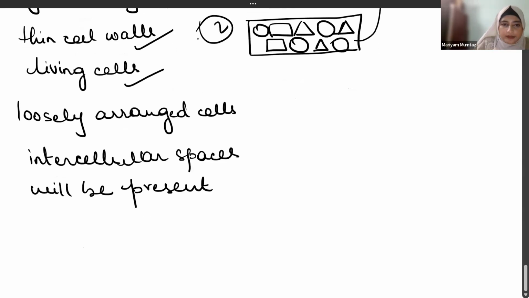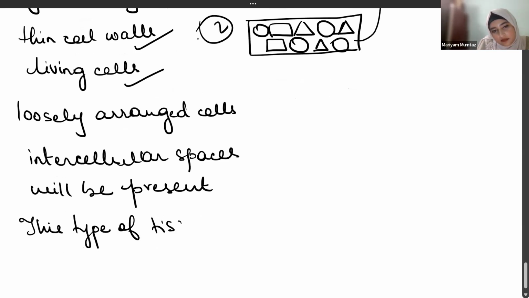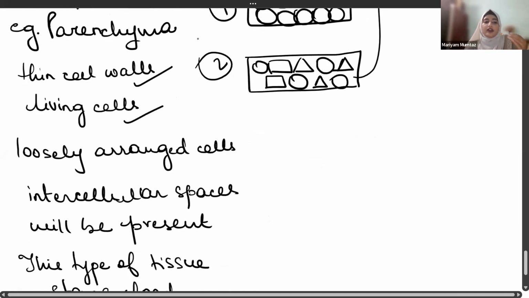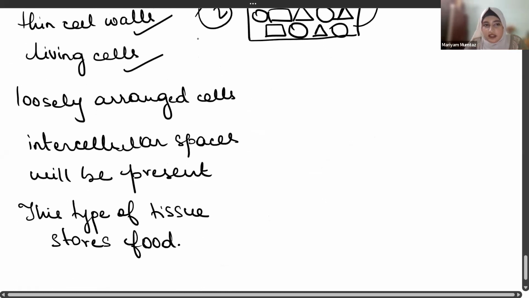And there is another point: this type of tissue stores food. So these are the characteristic features of the simple permanent tissues.